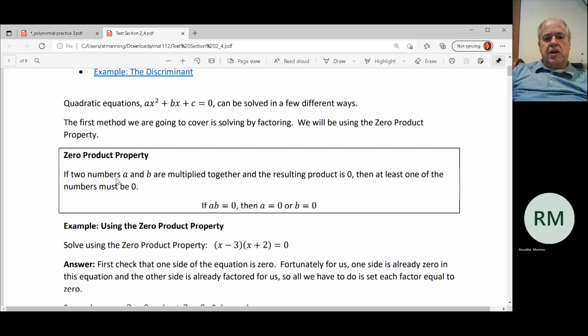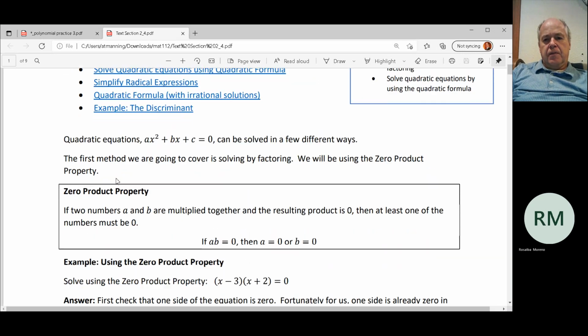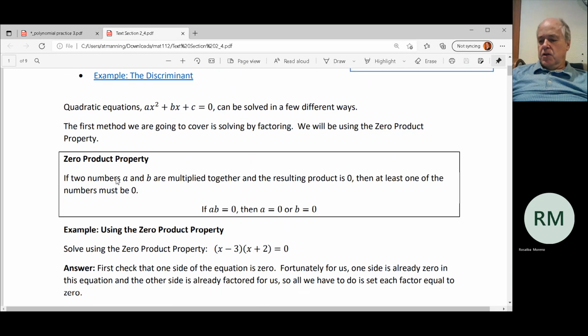Here is the quadratic equation. We're looking for the solution to some number a times x squared plus some number b times x plus c. And we want to find out, when is that equal to 0? Basically, what are the zeros of the polynomial?